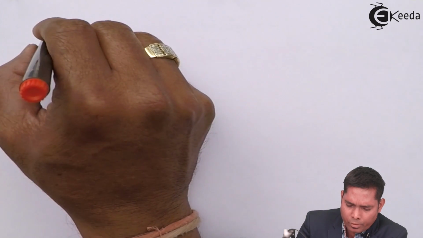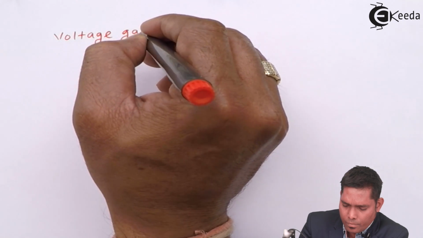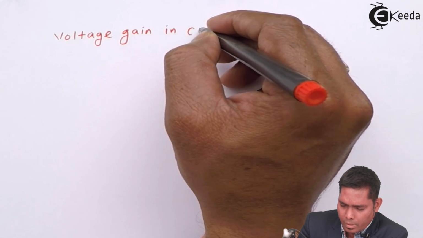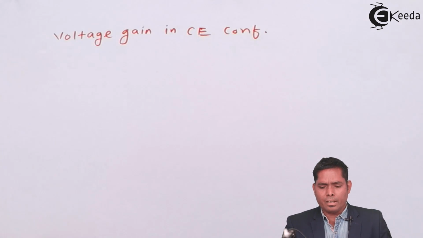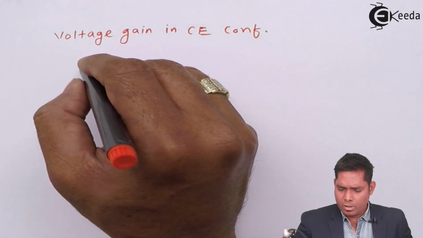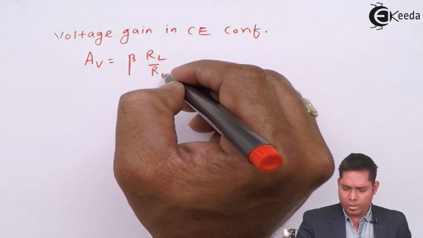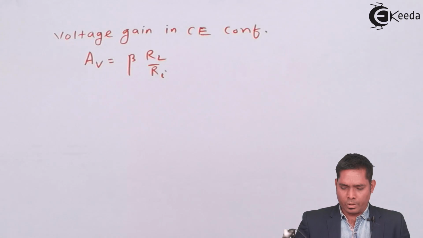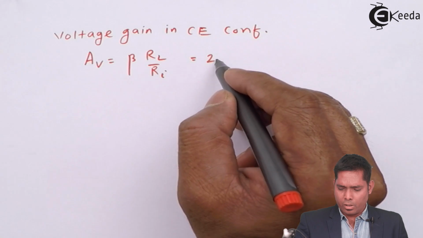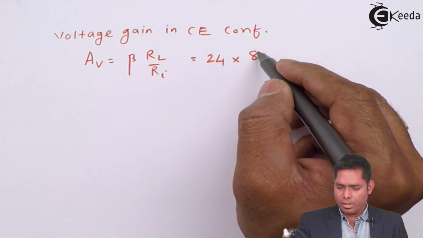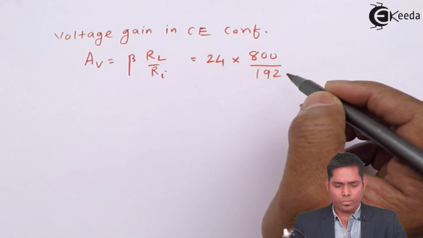After we get beta, we know that the voltage gain in common emitter configuration, AV, is beta times output resistance by input resistance. This beta we got as 24. Output resistance is the load resistance, 800. Input resistance is 192.